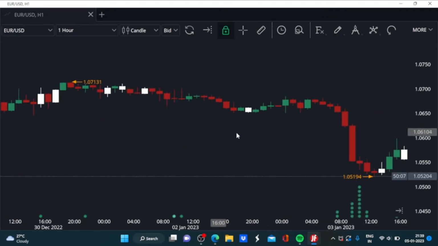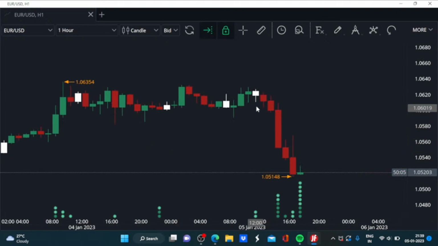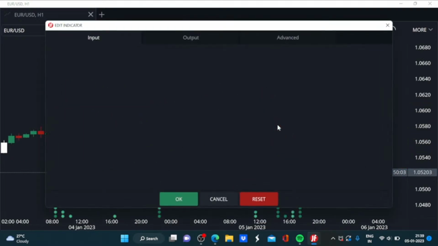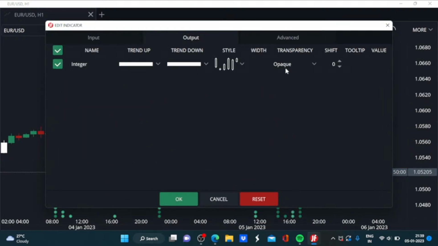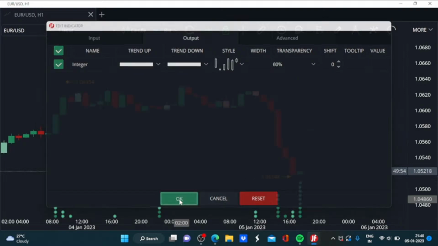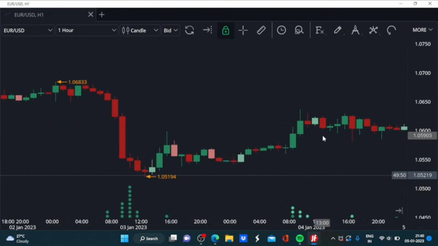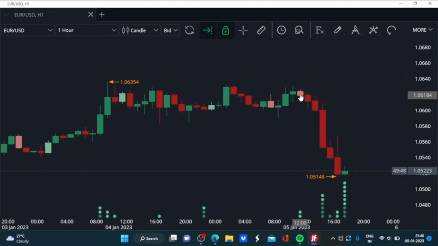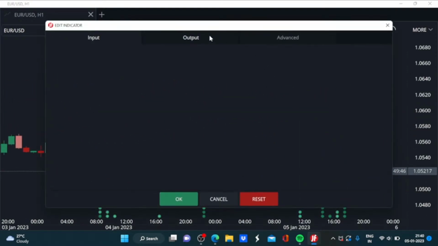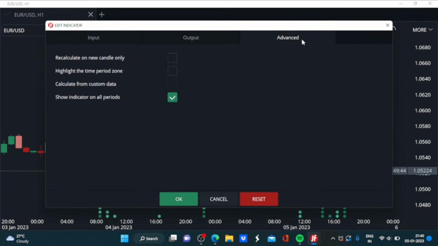All right, this can also be done. If you want to lower the transparency, that can also be done. So here the transparency is lower. Advanced editing option, recalculate on new candle only.